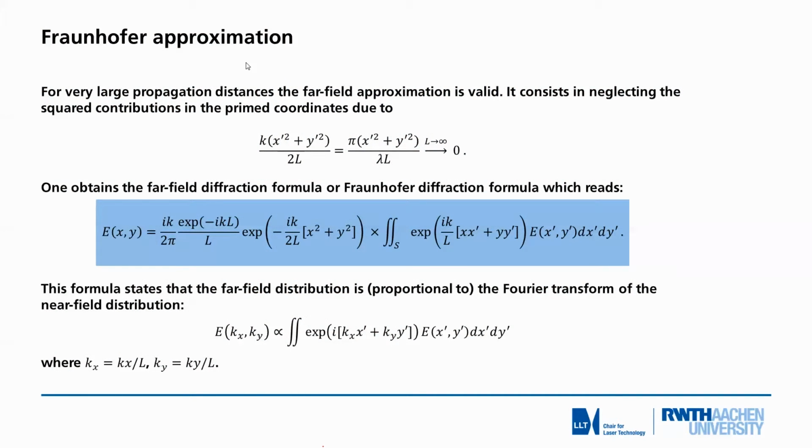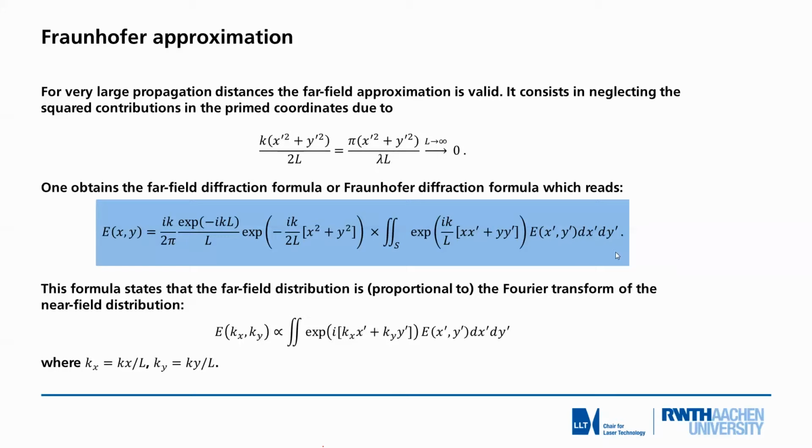So in this first approximation, we look at the Fraunhofer approximation, which is the far field approximation of this diffraction solution. So what we do is we let the distance of consideration go to infinity, and so one of the terms in the integral vanishes and the solution for the electric field simplifies to this expression here.